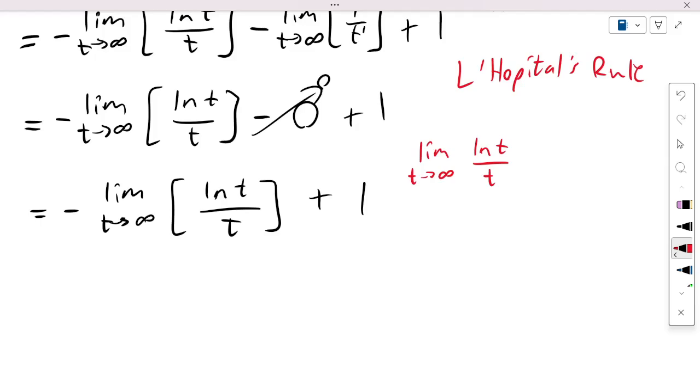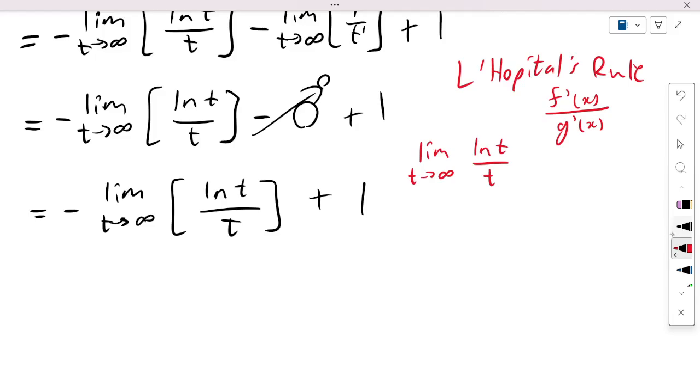L'Hopital's rule is where you take a fraction or quotient of functions being affected by a limit, and you take the numerator and find the first derivative, and you also take the denominator and find the first derivative of that. Meaning we're going to take the derivative of natural log of t, and the derivative of t.